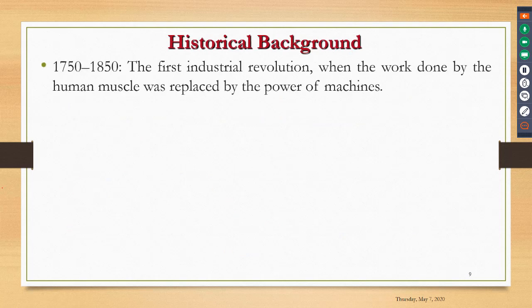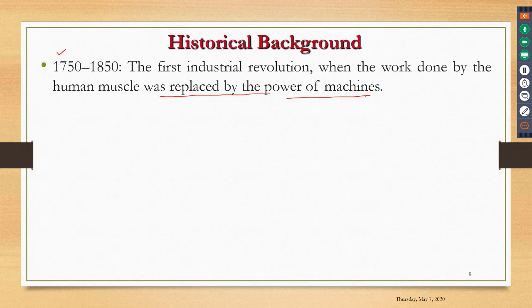So as we have seen, from 1750 to 1850, the first industrial revolution took place, when the work done by the human muscle was replaced by the power of machines.